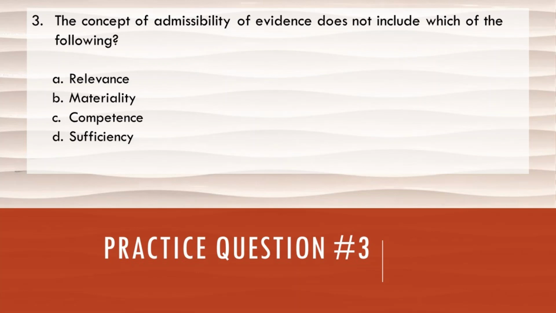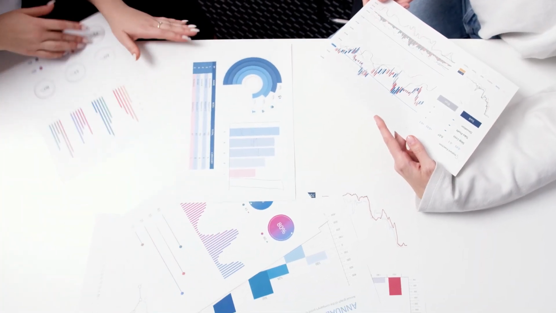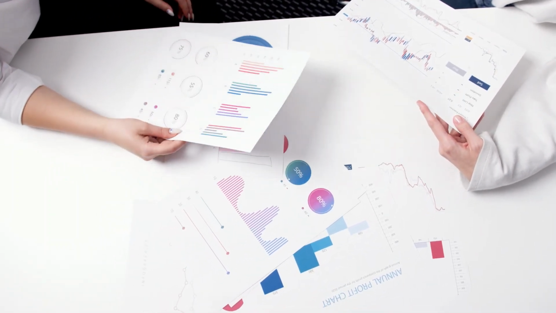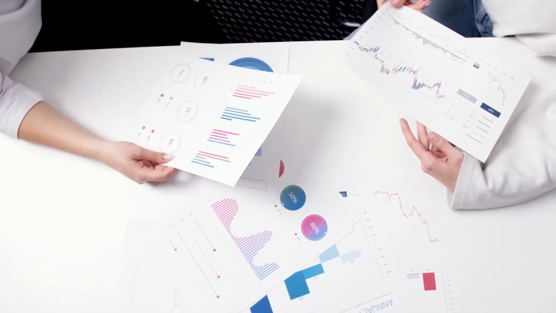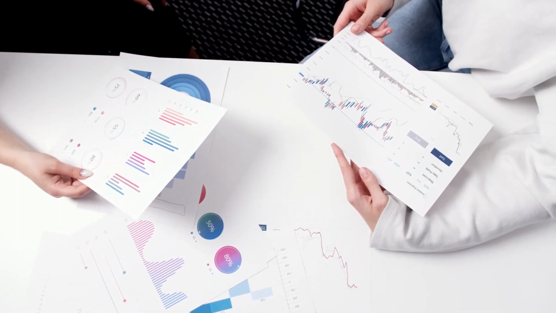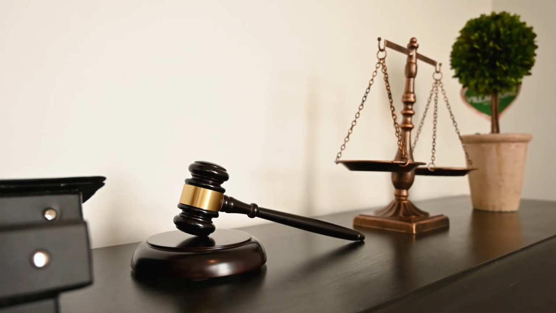This may be a little tricky in that you have to think of competence in a different manner when thinking about evidence and the admissibility of evidence. So we actually care about the competence of evidence to determine if it's admissible. And that is because when evidence is competent, that means that it is evidence that satisfies all the rules or all the criteria of being evidence.